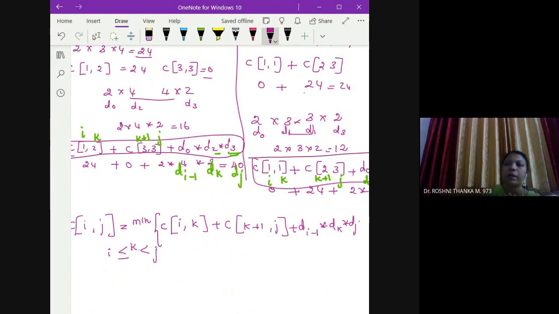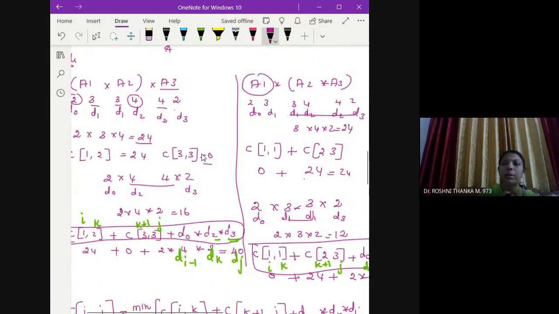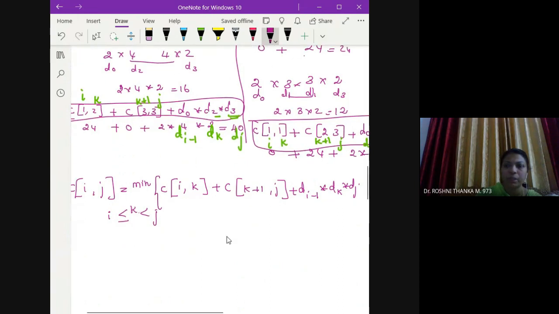For different k values, we have to apply this cost function, and we have to choose the minimum one, and that way of representing parenthesization can be taken into consideration for doing the chain matrix multiplication. So this formula is very important. It will help us find the different possible ways of calculating the cost when we have different combinations of parenthesization. Let us apply this for a particular example and see how it works.